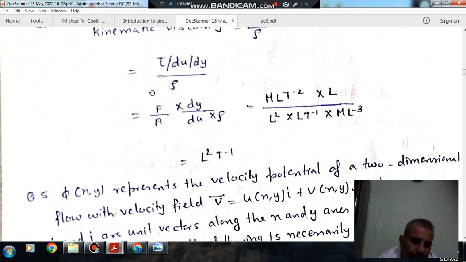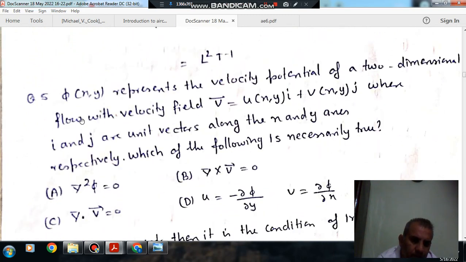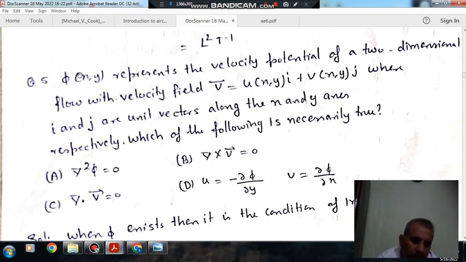Okay. Next, phi, a function of x and y, represents the velocity potential of a two-dimensional flow field, with velocity field V bar equal to u(x, y) i and v(x, y) j, where i and j are the unit vectors along x and y axis respectively.